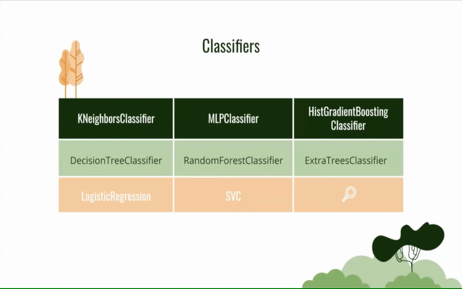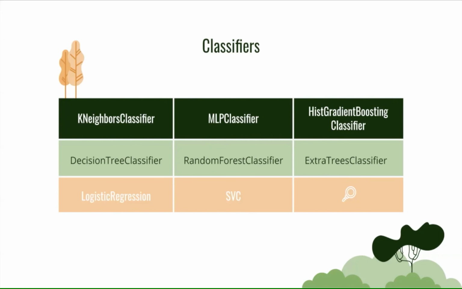The 8 classifiers are the K-neighbors classifier, which implements the K-nearest neighbors vote, the multi-layer perceptron classifier, which is a neural network, and the histogram-based gradient boosting classification tree. This estimator is much faster than the gradient boosting classifier for big data. And we also experiment with different kinds of decision tree classifiers.